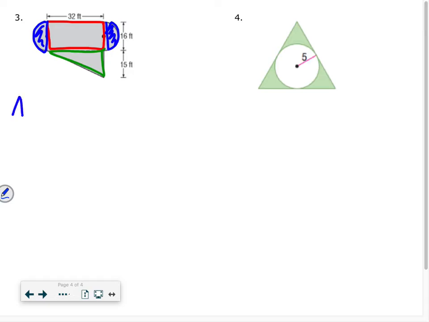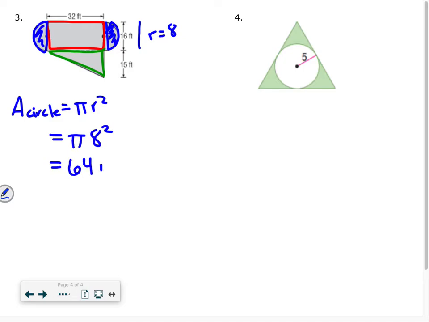So let's find the area of a circle first. Pi r squared. 16 is the diameter, so that means our radius is 8. I'm just going to leave it as 64 pi for now. So the area of the circle is 64 pi.